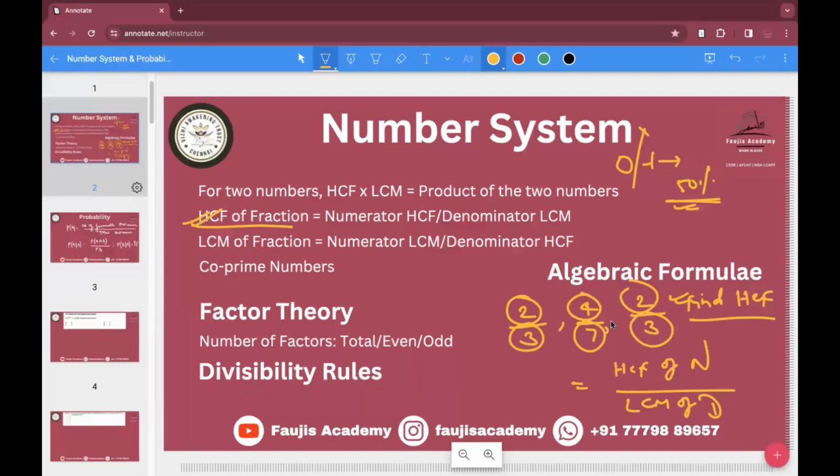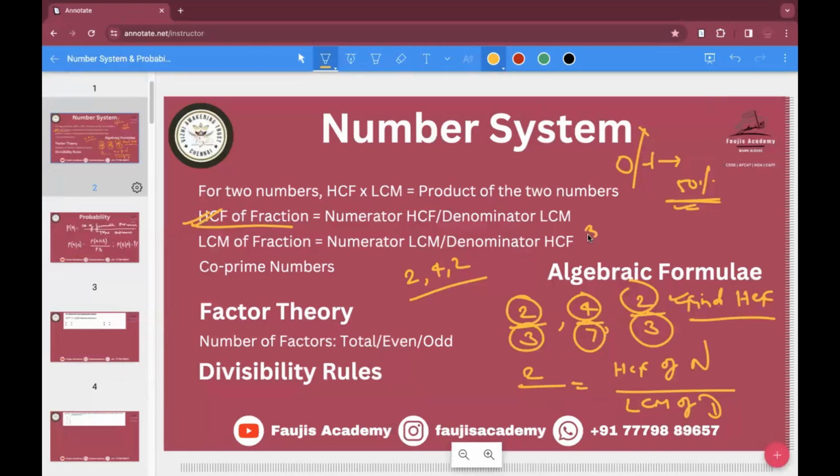Highest common factor of the numerators over here is 2. 2 divided by 21, sir. Yep. Absolutely, it's 2. And what is the LCM?